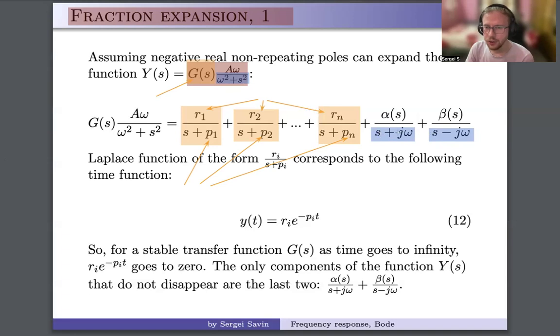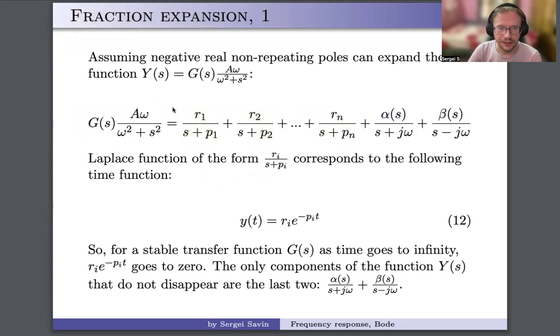So if we multiply those two together, we would get s squared plus j omega s minus j omega s. Those two cancel, and minus j squared omega squared. j squared gives us minus 1, minus times minus gives plus, so it will be omega squared. Those are just arbitrary functions that have to be put there in order for this whole sum to be equivalent to this left-hand side, right? Okay, so that's how we're going to do the fractional expansion.